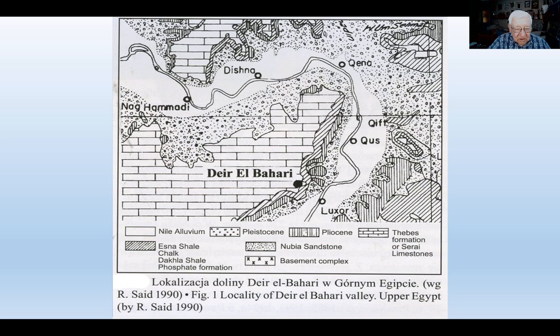Cime is probably from the French language. There are Theban limestones, these symbols. Next we have Pleistocene, Pliocene gravels and younger sediments.